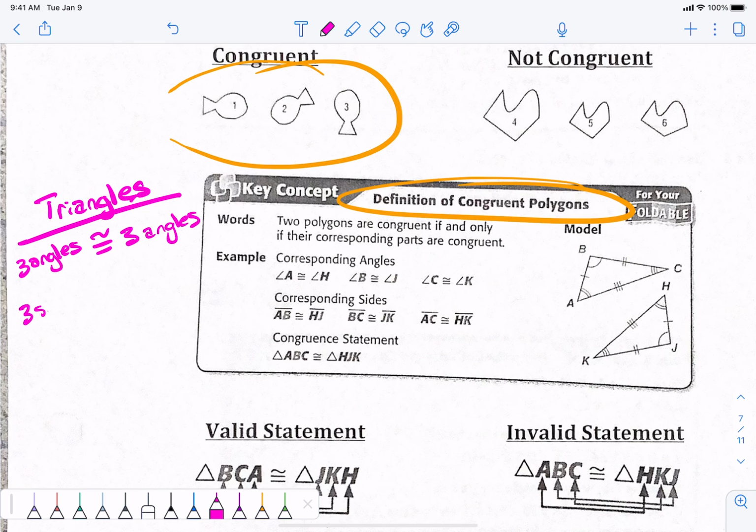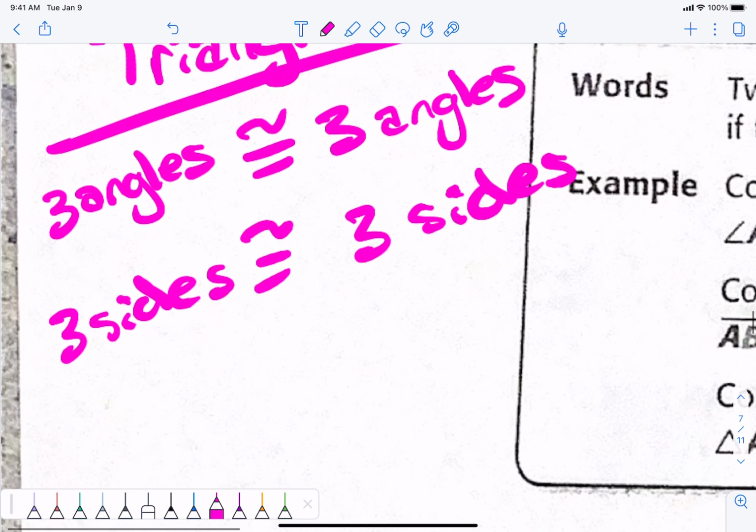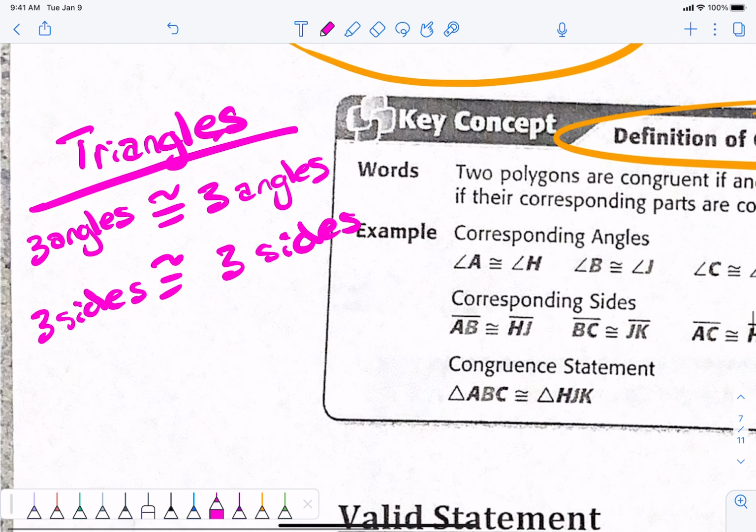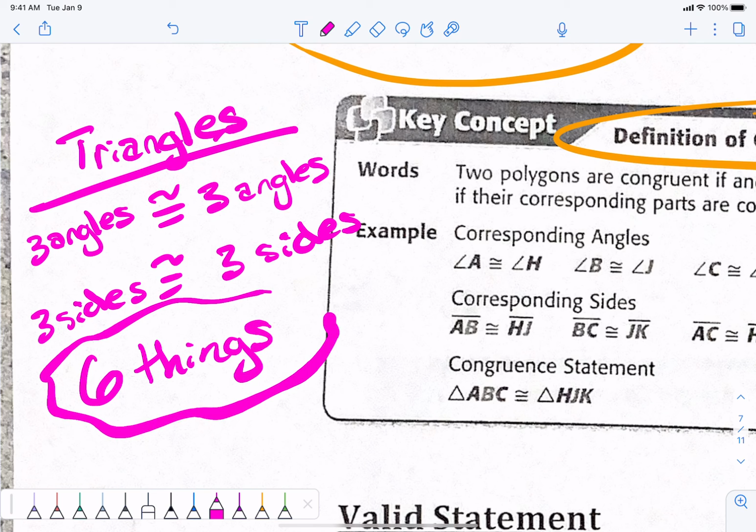And the 3 sides over here are congruent to the 3 sides over here. If we are able to say that that is true, then the 2 figures are congruent. So we need 6 things. We need 3 angles, 3 sides. We have to say all 6 things match up from one figure to the second figure, okay? Which is kind of a pain in the butt.